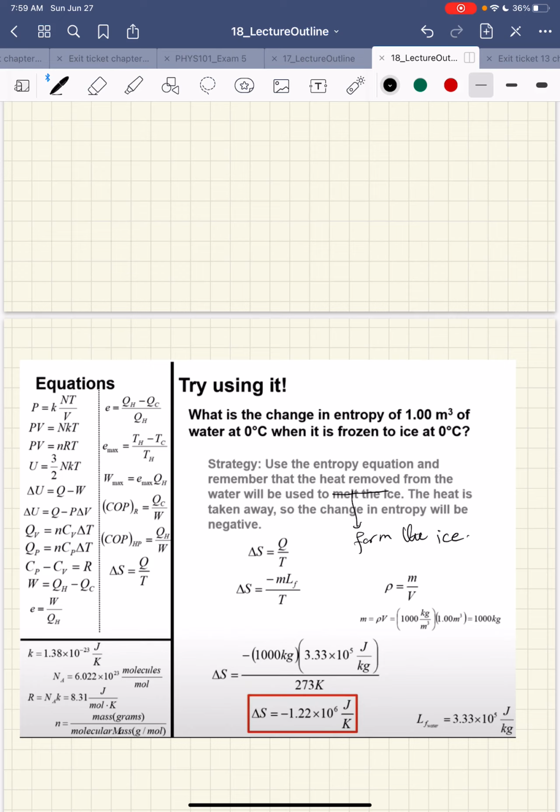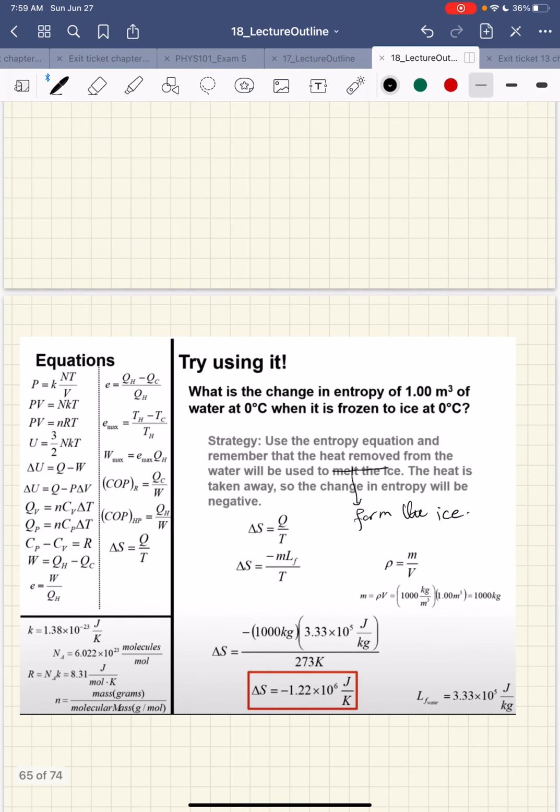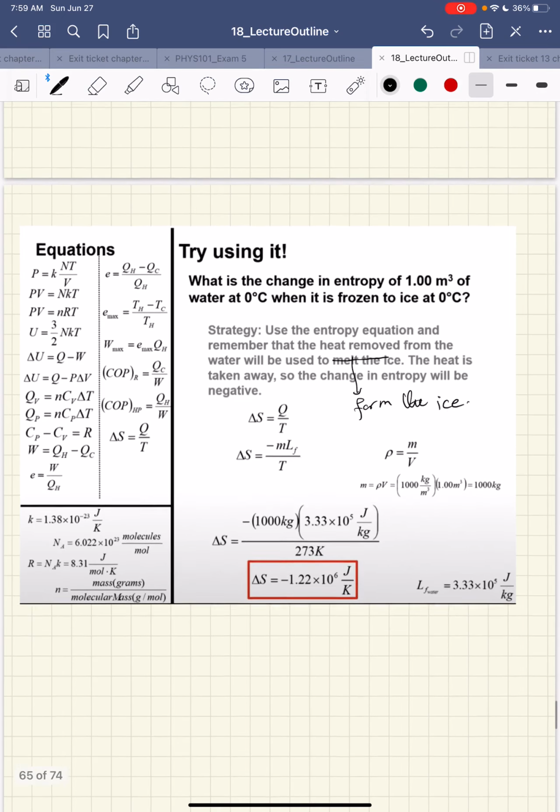Then Q over T is going to be minus m times the latent heat of fusion divided by the temperature. We know that the mass is rho times V, so I can calculate the mass. L F is given here as a constant, and the temperature is 273 because it is 0 plus 273.